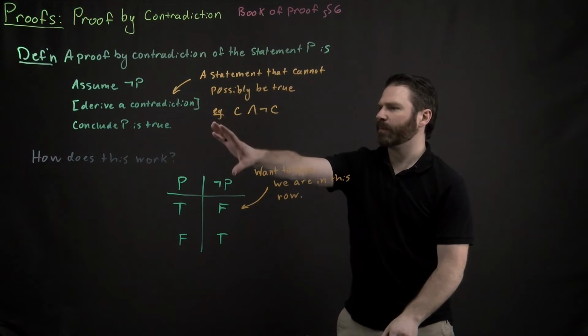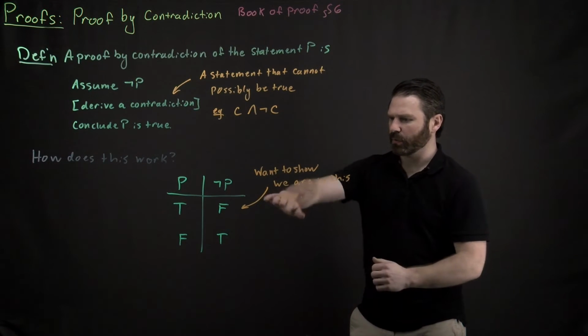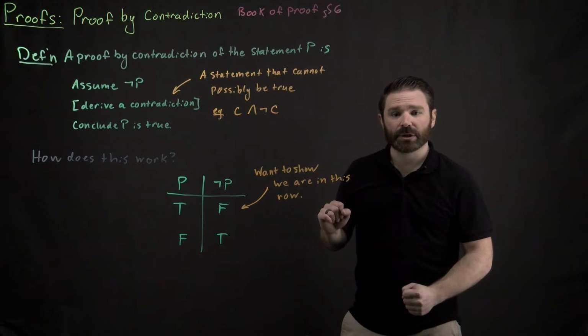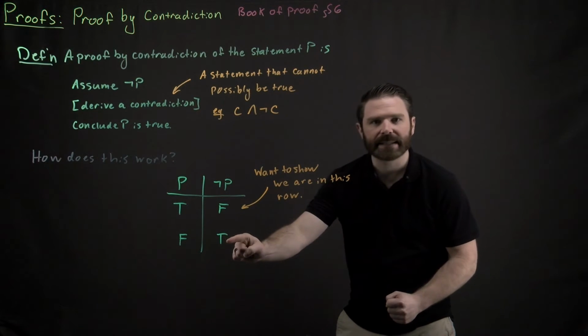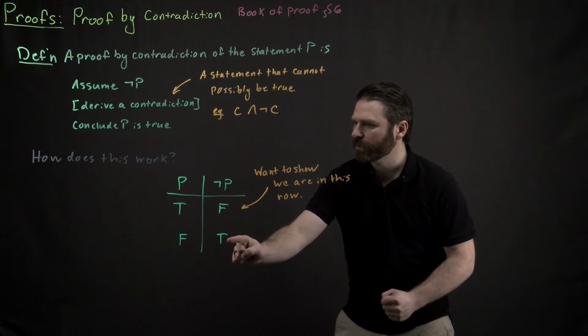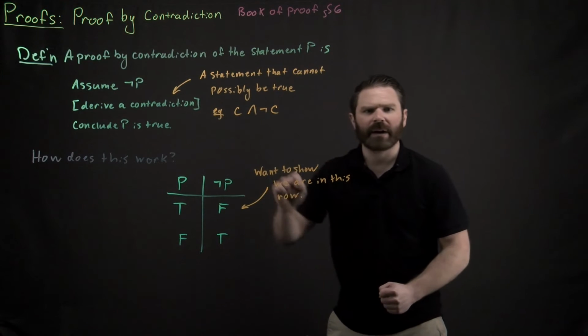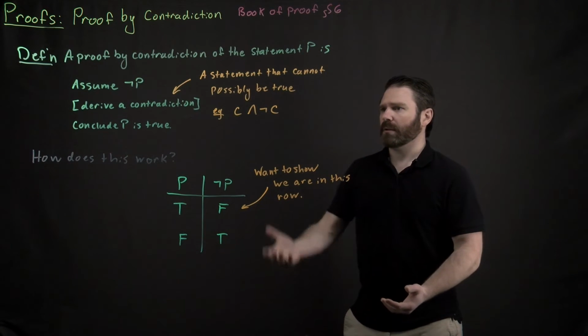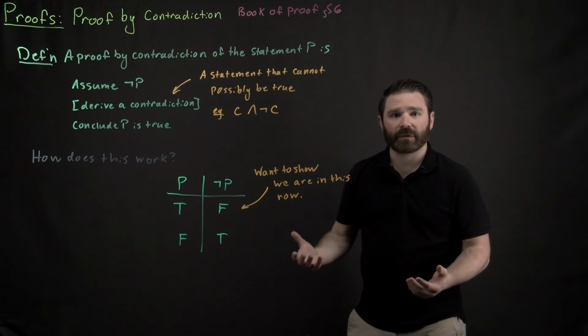And how does this proof technique help us show that we're in that first row? Well, we're assuming not P is true. So we're assuming this second row. We're assuming not P. And if we assume not P and then derive a contradiction, well, that statement can't possibly ever be true.